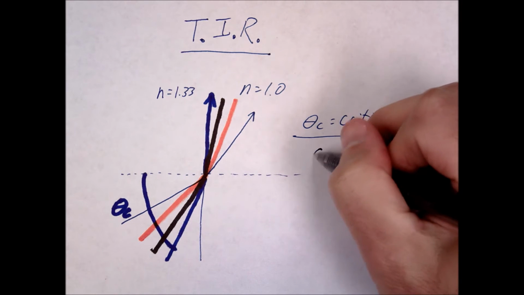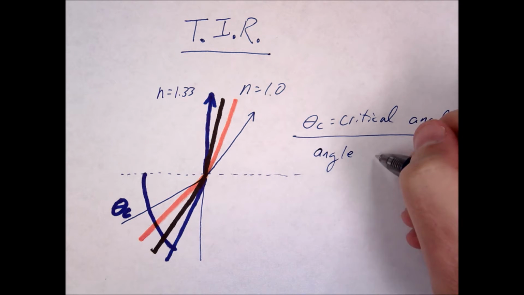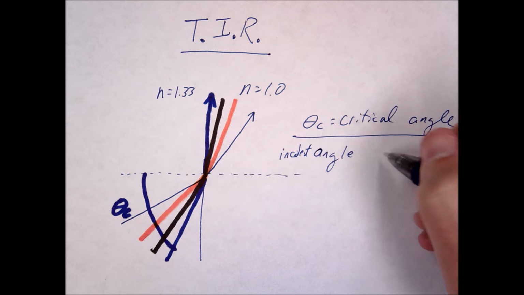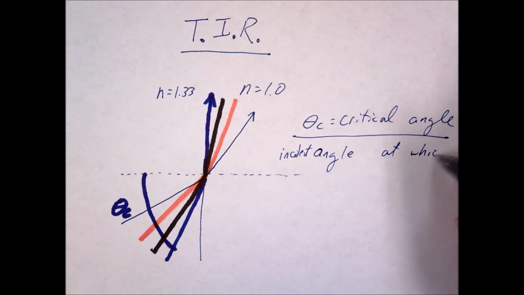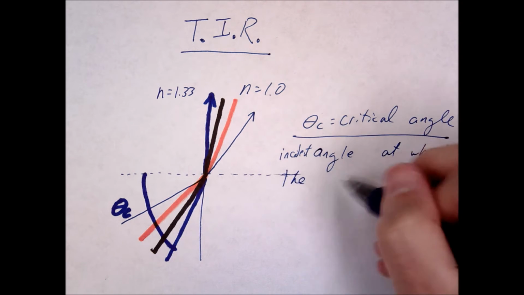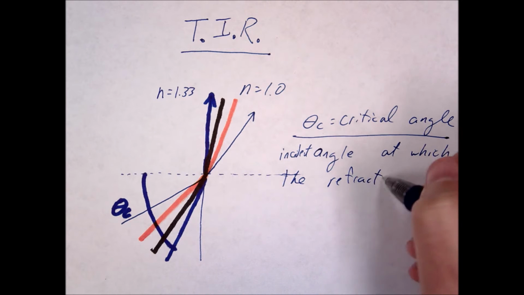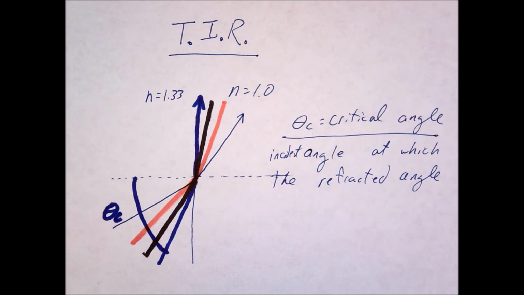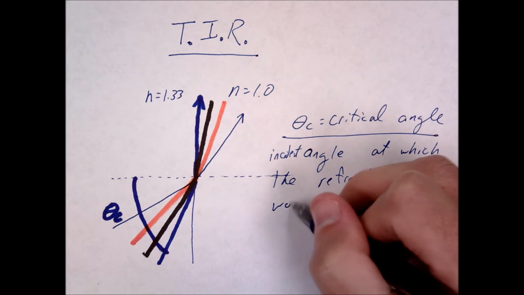And that is the incident angle at which the refracted angle would be 90 degrees.